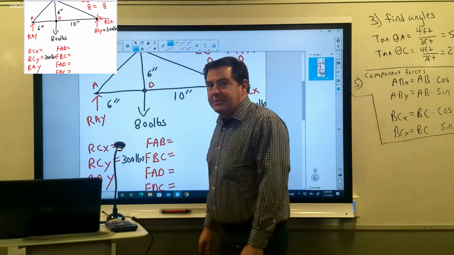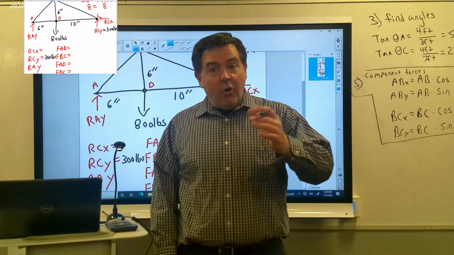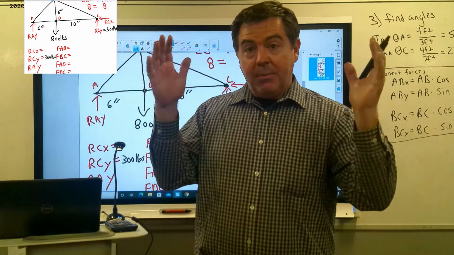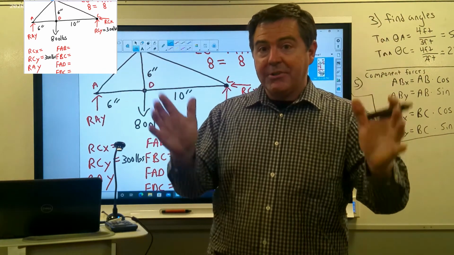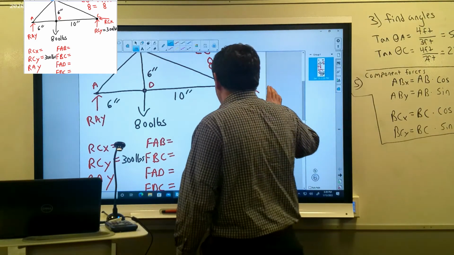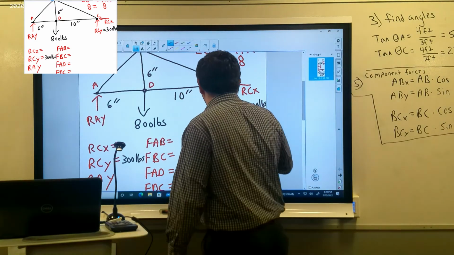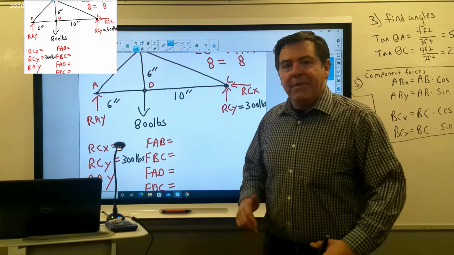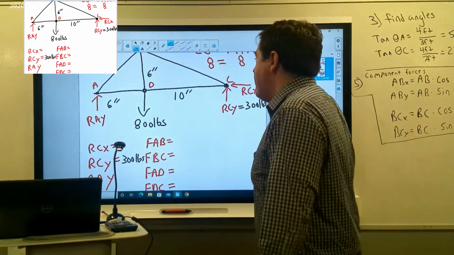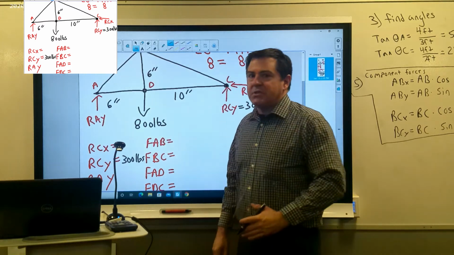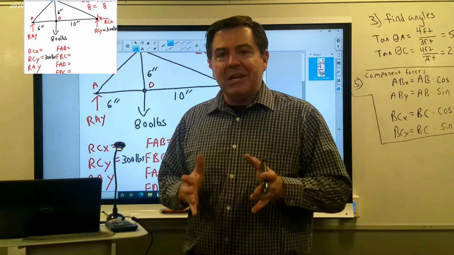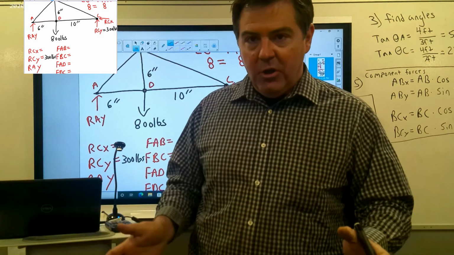Now, does that make logical sense? We have a total of 800 pounds being supported by two vertical reaction forces, and 300 pounds is being supported by reaction force Cy. And the answer is yes, that does make sense, because reaction force Cy is a longer distance from that applied force, so it's going to share less of that load.